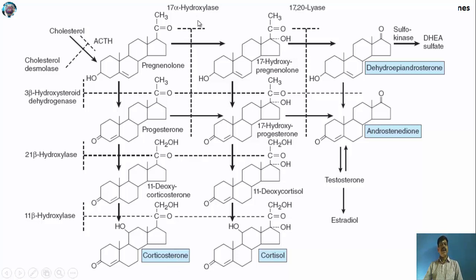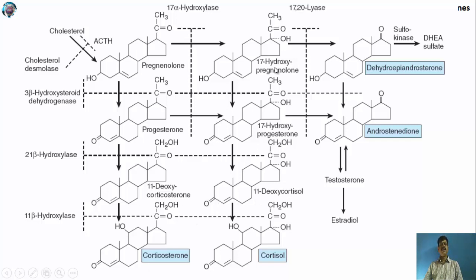Likewise, the hydroxylase enzyme will add a hydroxyl group to progesterone to form 17-hydroxyprogesterone. 11-deoxycorticosterone is converted into 11-deoxycortisol. Like this, different compounds are produced.